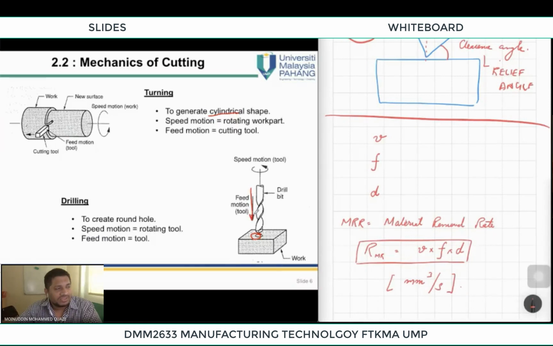So this is feed, and the speed motion is the rotating tool. Primary motion, this is primary, and this is secondary. Similarly, in turning, the workpiece is rotating, so it is primary, and the cutting tool is giving the feed, so it is secondary motion.